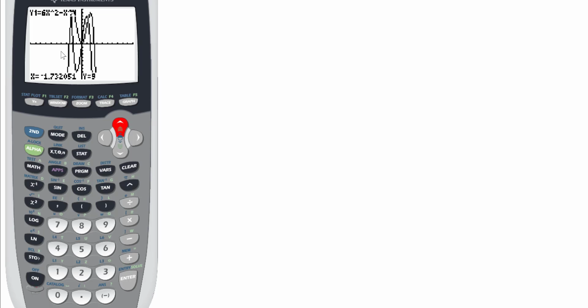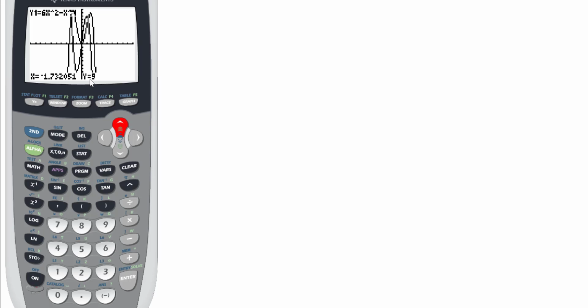It puts me on the other graph. So that's my coordinate, negative 1.732051 comma 9. It's pretty cool. So again, my investigation would be there's a relative max at negative 1.732 comma 9.